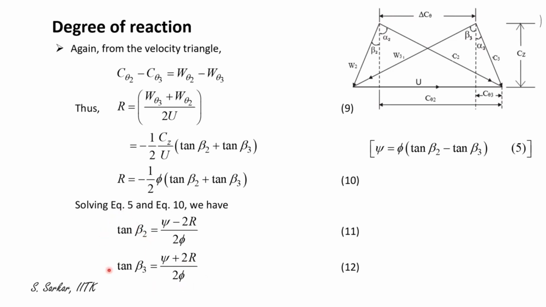So these two are important equations, which give tan beta 2 and tan beta 3 in terms of xi, r and phi. That is equation number 11 and equation number 12.